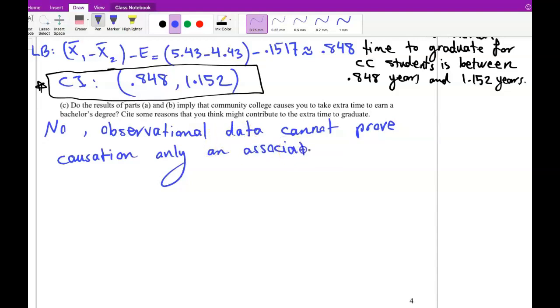You don't need to write this part. So the answer is just, okay, no, observational data cannot prove causation.